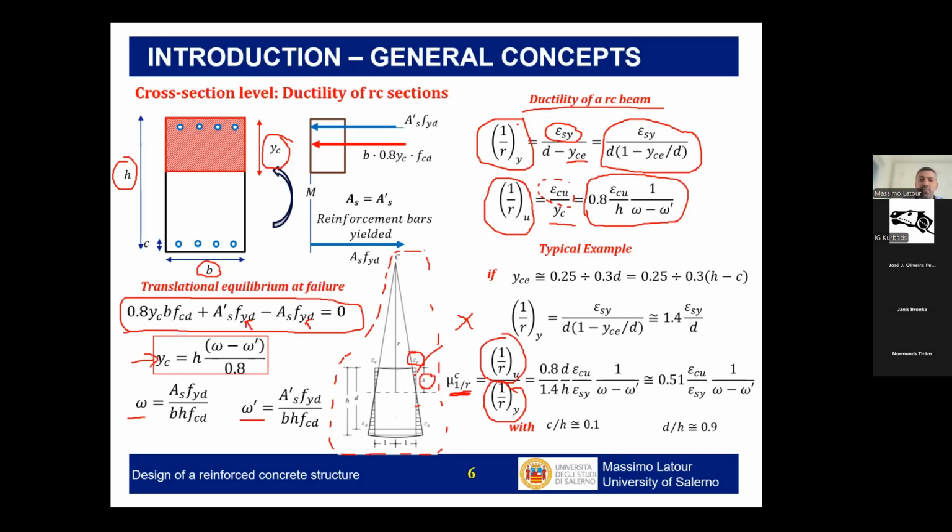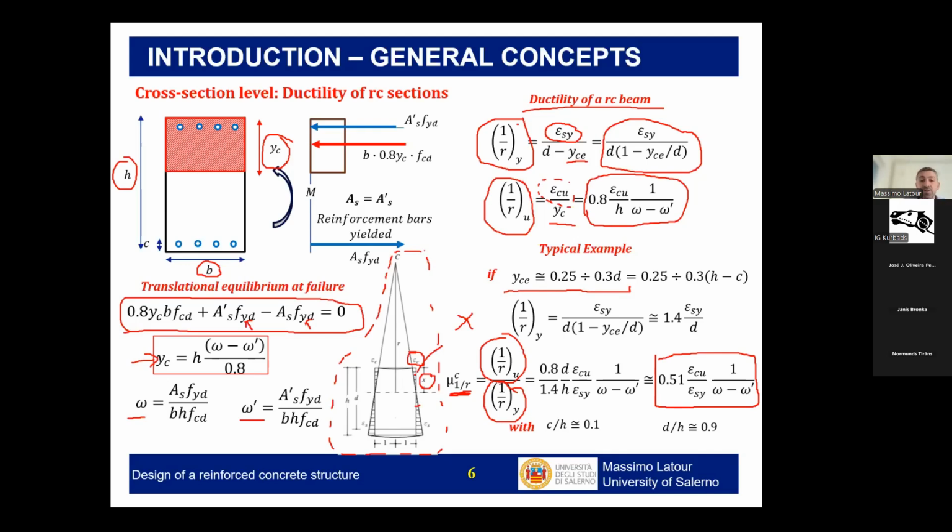With all the assumptions made in this slide, say the neutral axis in the elastic range is about 0.25 to 0.3 d, which is typical for seismic design, we can define an approximate equation to evaluate the curvature ductility: 0.51 epsilon_cu over epsilon_sy times 1 over omega minus omega prime.